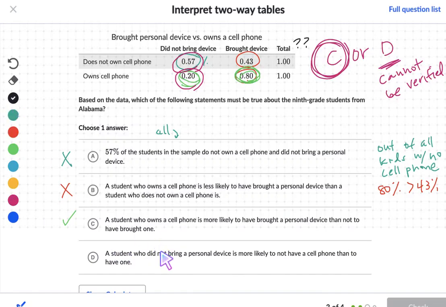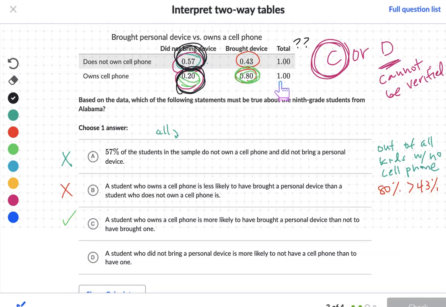A student who did not bring a personal device, so we're comparing these two guys. We cannot compare two different row relative frequencies. This 57% we don't know is out of what total, and this 20% we don't know is out of what total of theirs. So if they're from different rows, we cannot compare those percents, because this 57% could be out of 100, while this 20% could be out of 1,000 or something.